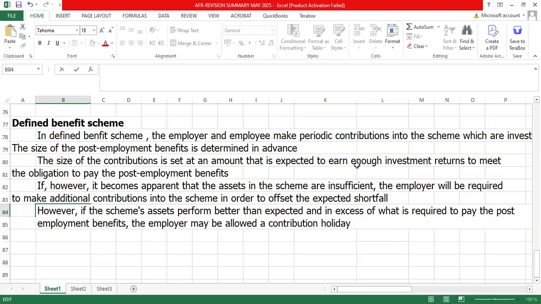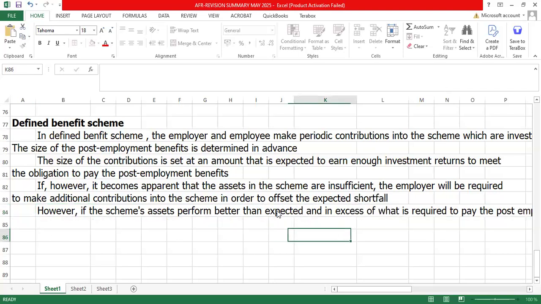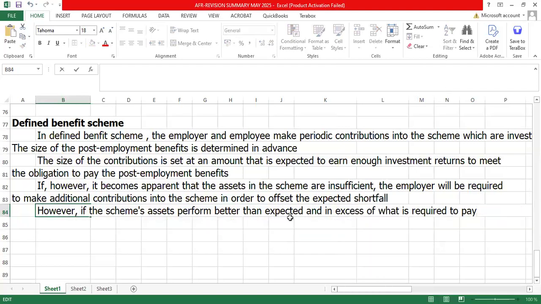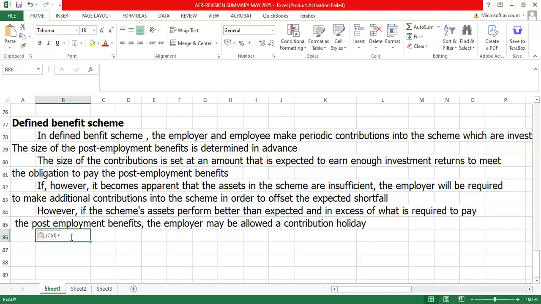Then the standard actually allows you to have a holiday. Because it's you to pay at the end and you see that already the scheme has enough for you to pay. So you don't need to keep contributing as the employer. It's something that you must know.